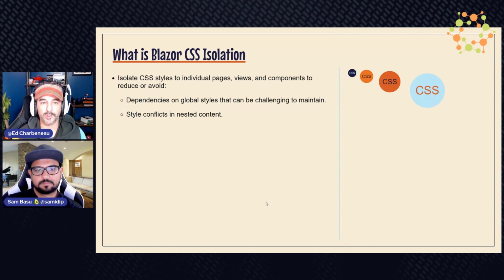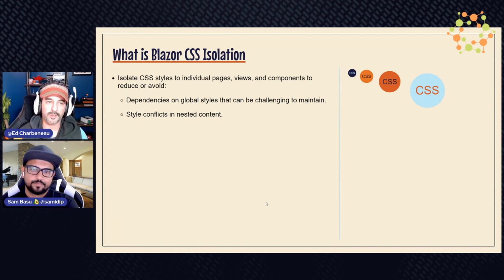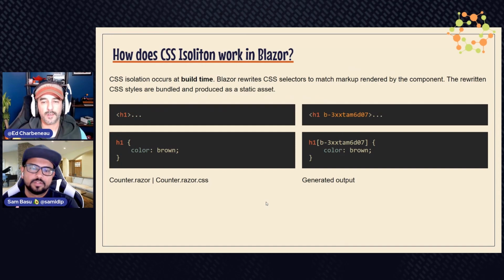If this is a global style that's going to be affecting multiple components, you want to keep that outside of CSS isolation and in something like a Sass file. This is to avoid conflicts with nested content and things like that, so it can help you in some respects.